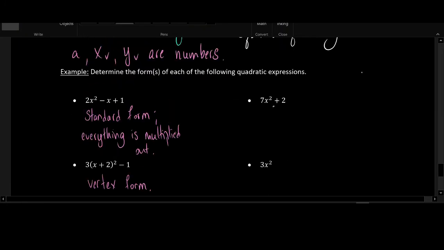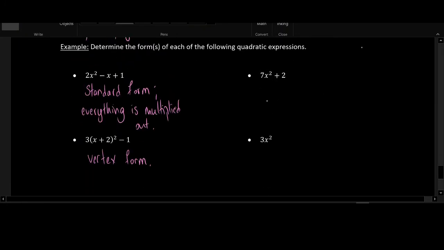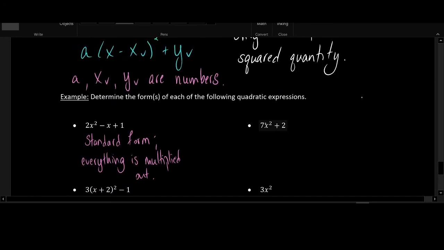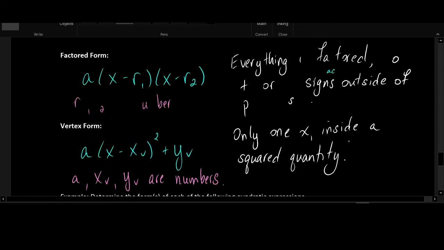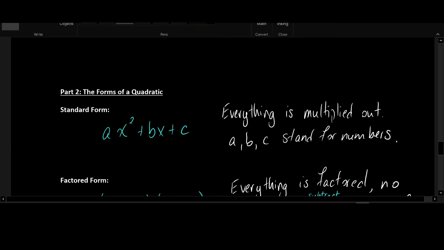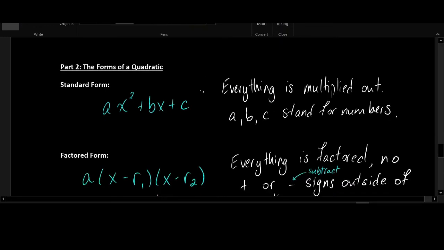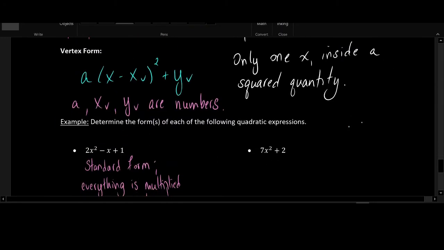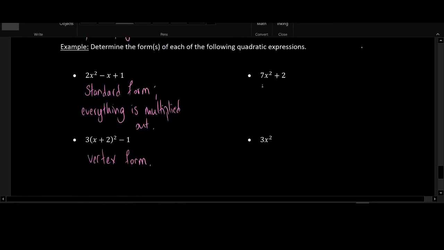What about this on the upper right? 2 times x squared plus 1. Now, looking at this expression, there would be nothing else that I could do in terms of multiplying things out to simplify that expression any further. So because of that, this expression is in standard form.